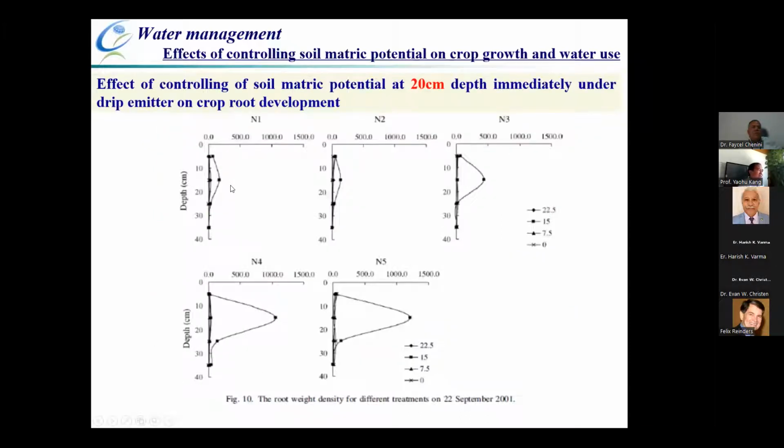And we found that when the soil matric potential is higher, the root system is smaller, and as the soil matric potential decreases, the root system gradually increases. When it is at treatment F5, that is minus 50 to minus 55, the root system is the largest.